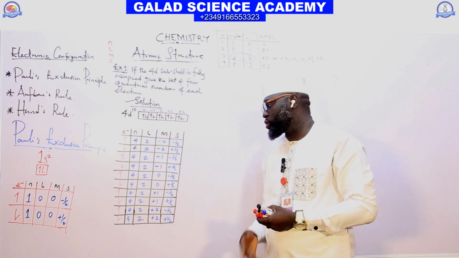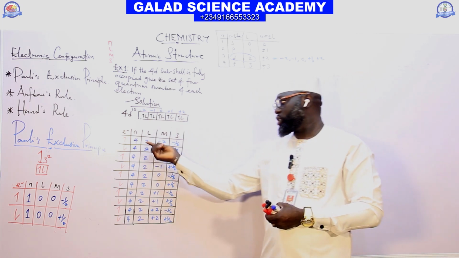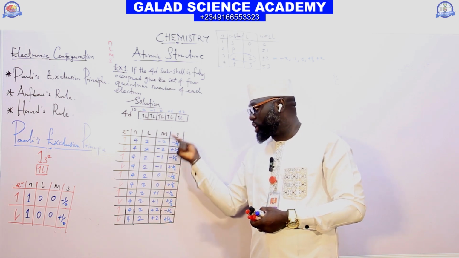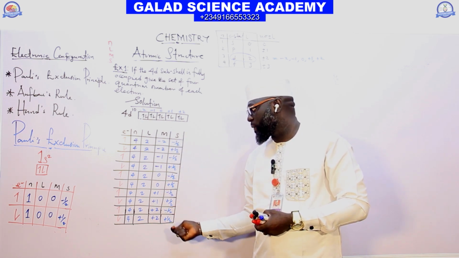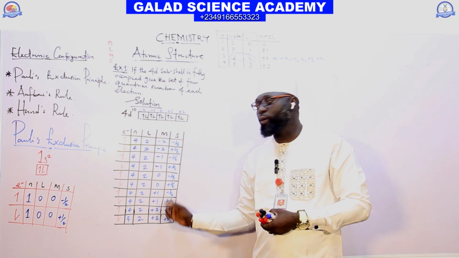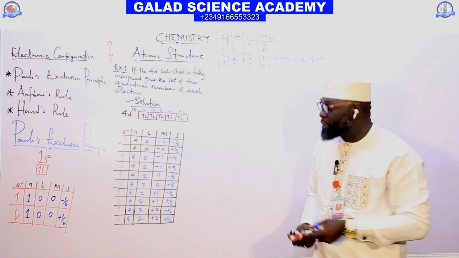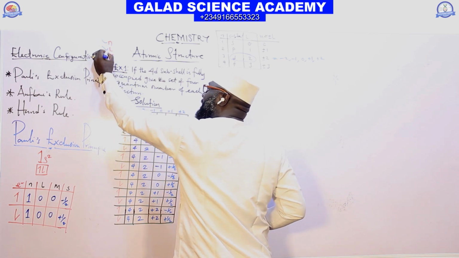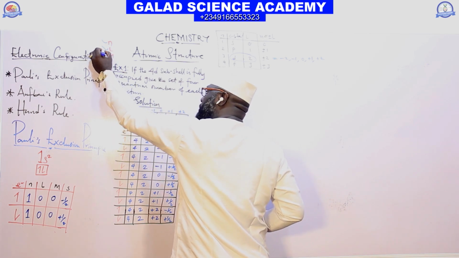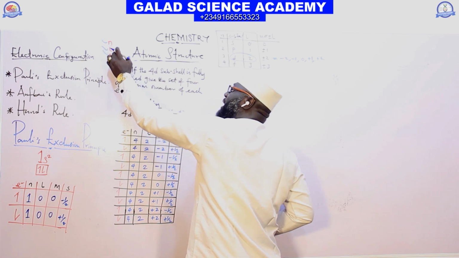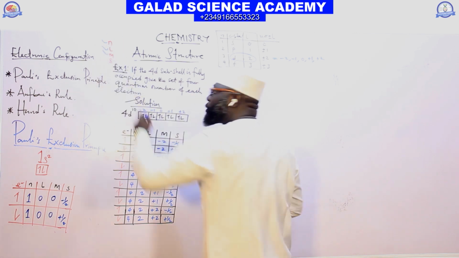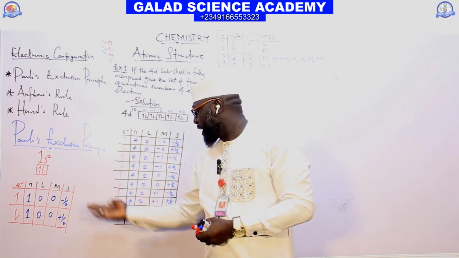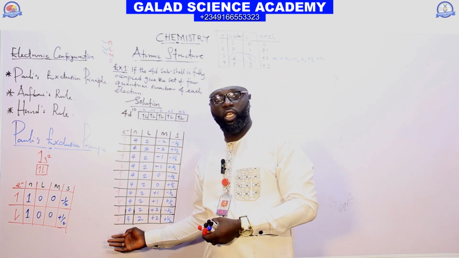If you check, no two electrons in the same orbital have the same set of quantum numbers. Note, if principal, azimuthal, and magnetic are the same, the only difference is the spin. That is the Pauli exclusion principle.